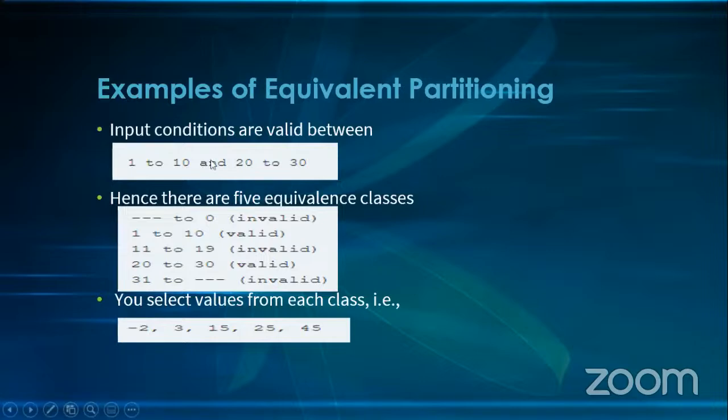Don't forget there is an and, something stopping it, which is 11 to 19. I need to also validate that, so that when I am testing, if I take any number within that place, it shouldn't work. It should show me an error because it's not part of the valid condition.